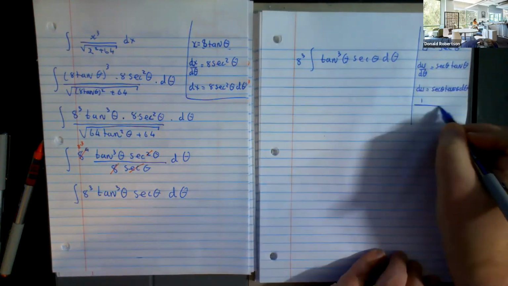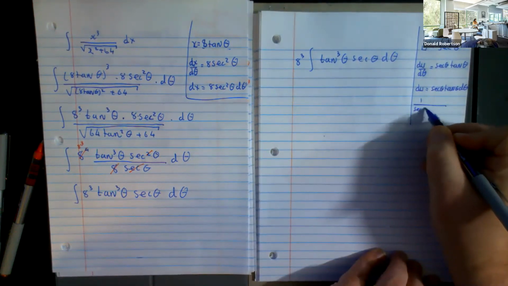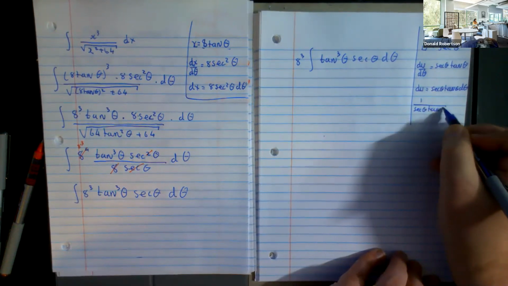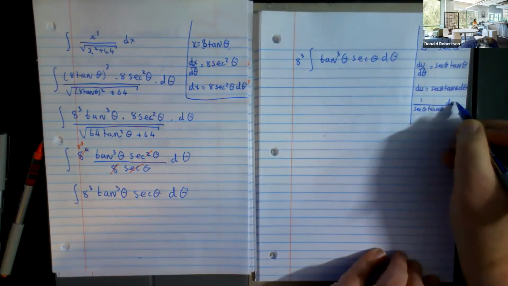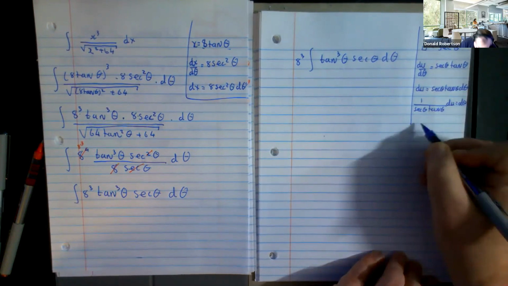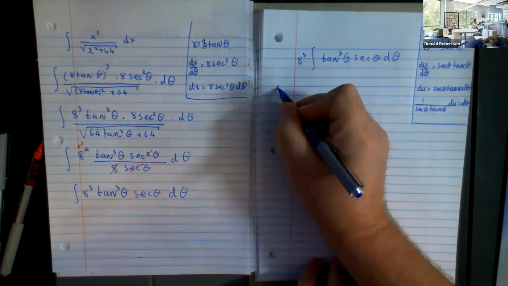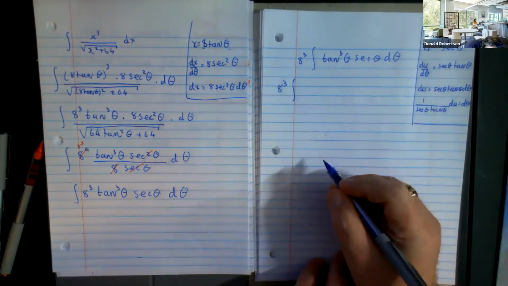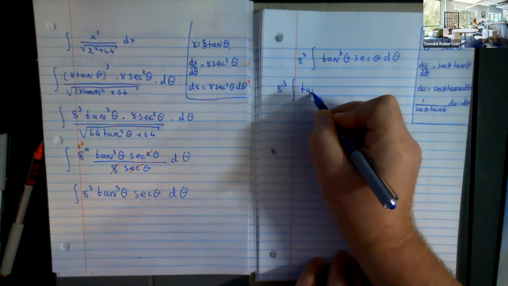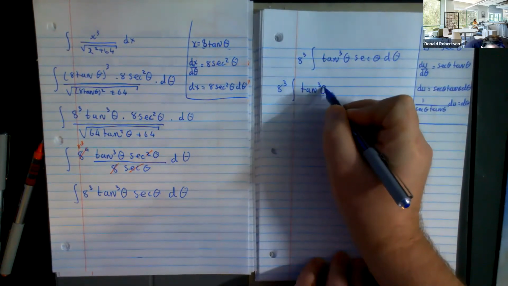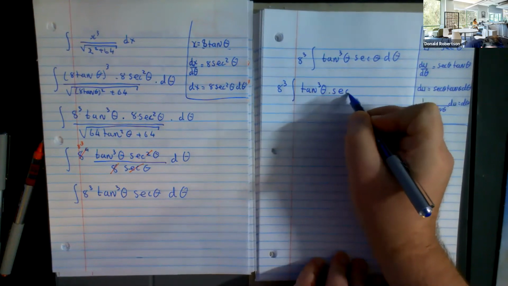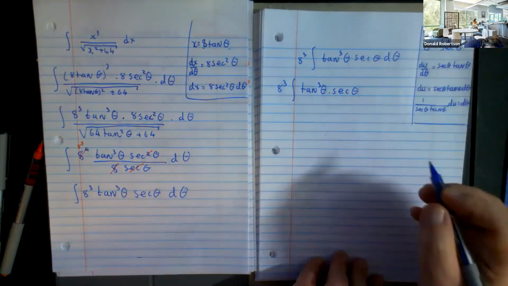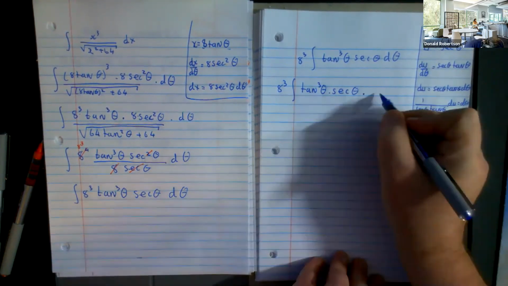And when you isolate the whole thing, you get du, and you isolate the d theta. So I've got 8 cubed. Typically, when you do tangents, you write everybody down. You don't start turning things into U quite right away.